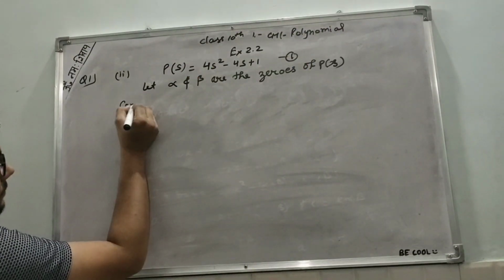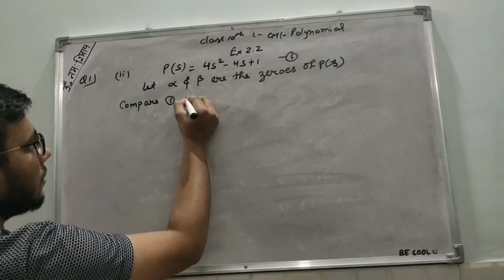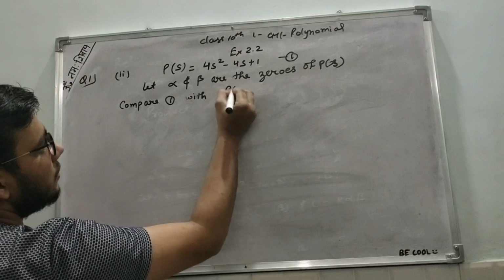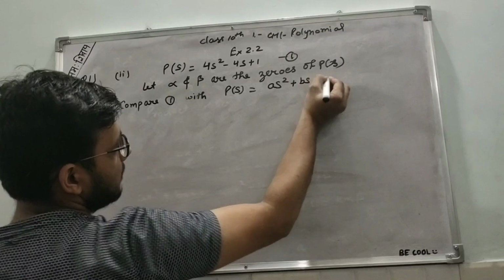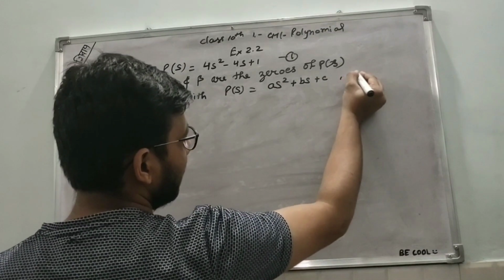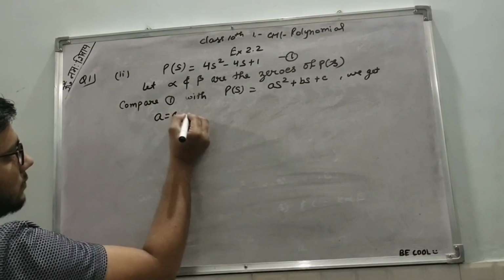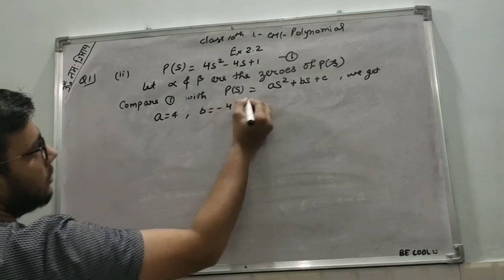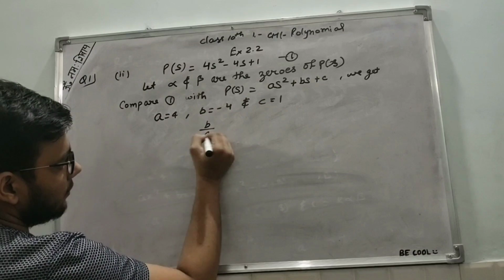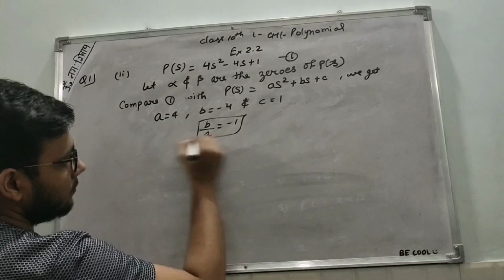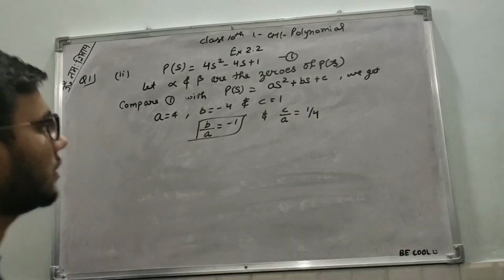Now compare first with p(s) is equal to As square plus Bs plus C. We get A is equal to 4, B is equal to minus 4 and C is equal to 1. Now B upon A gives you minus 1, and C upon A gives you 1 by 4.